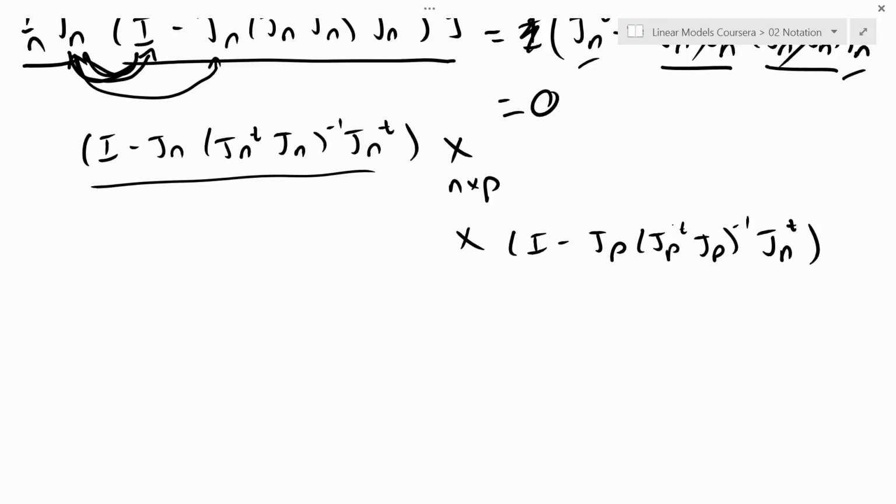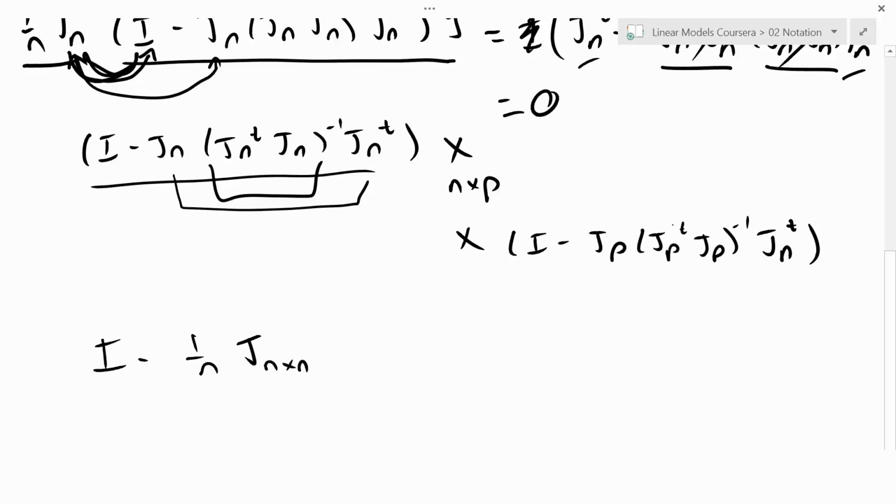The last thing I'd like is just for you to note the form of this matrix. So the I is, of course, the diagonal matrix of 1s. But J_n transpose J_n, that part right there is n, so its inverse is 1 over n, and that's just a scalar. The outer product, J_n times J_n transpose, the outer product of two vectors of 1s, is just a matrix of 1s. So I might write that as J, n by n, meaning a matrix of 1s.